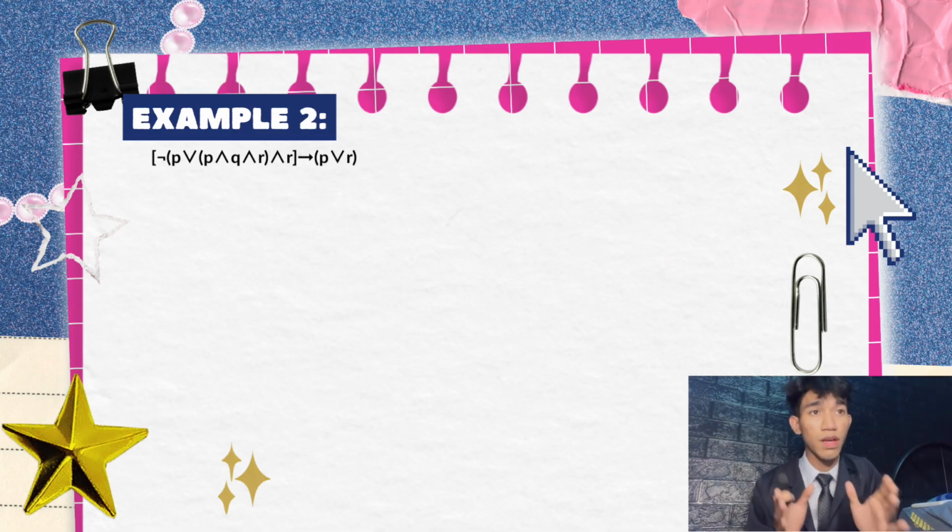Example 2, which is negation P or P and Q and R implies P or R. Here, firstly we use the absorption law.